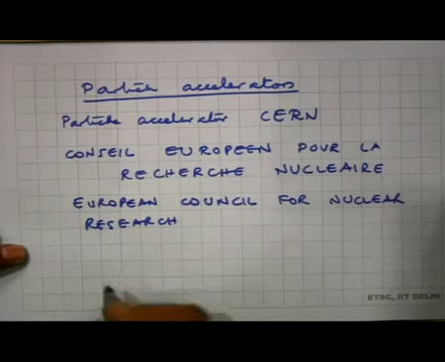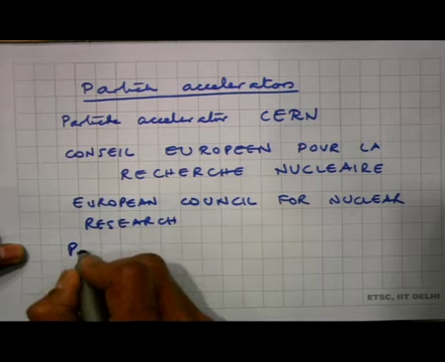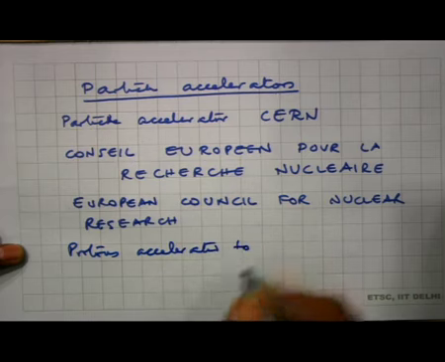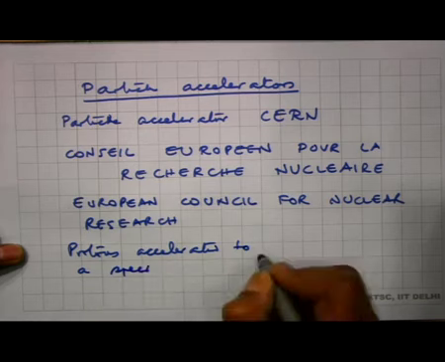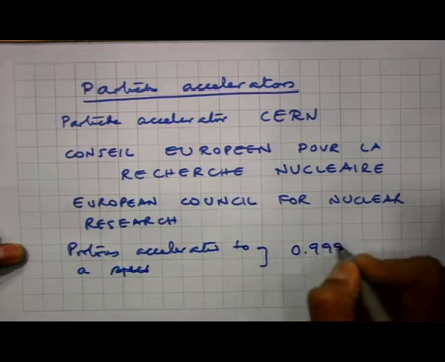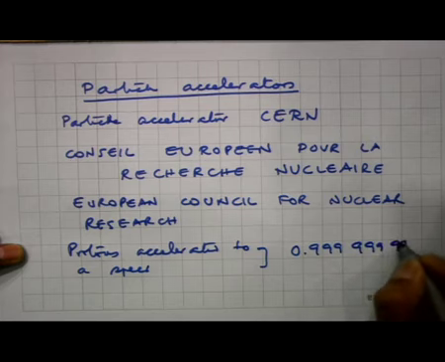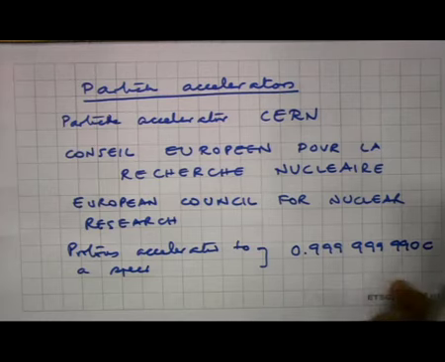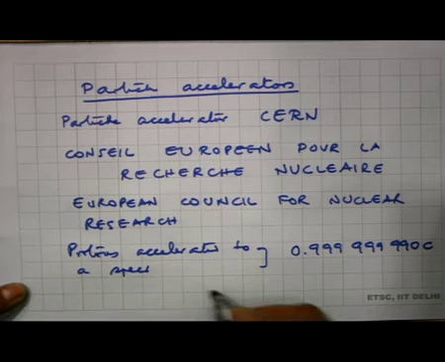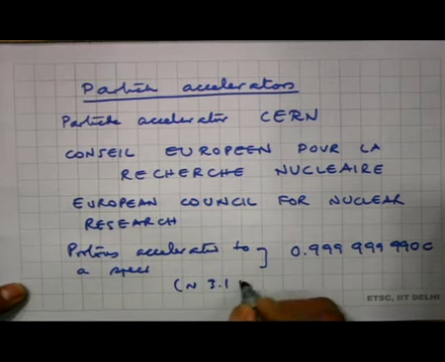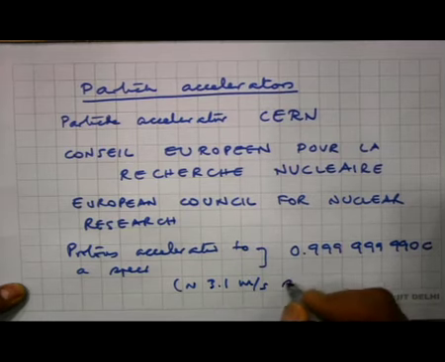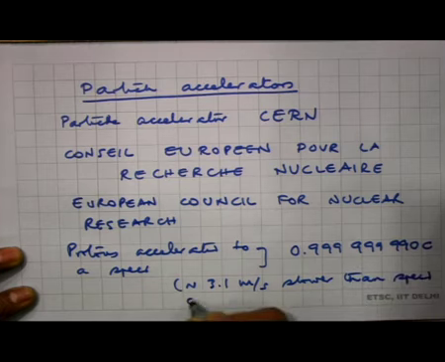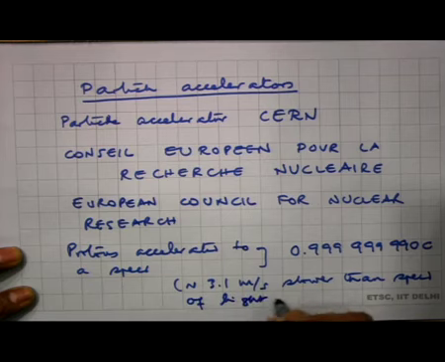And it's interesting to know that protons are accelerated to a speed which is 0.999999990 times velocity of light in free space, and that is only 3.1 meters per second slower than the speed of light in free space.